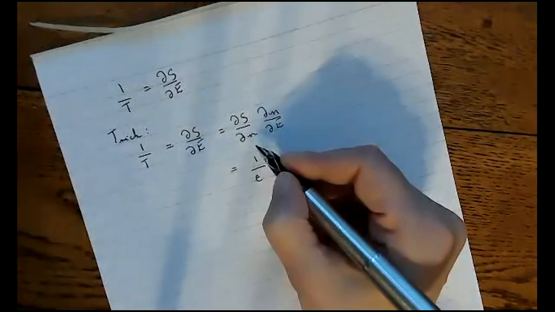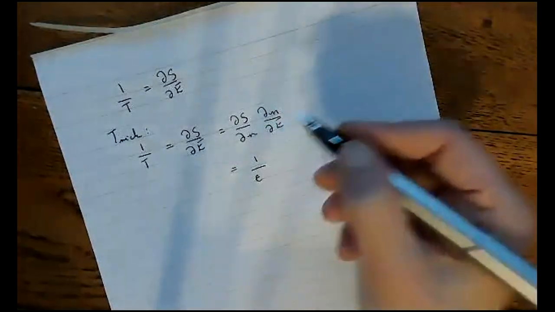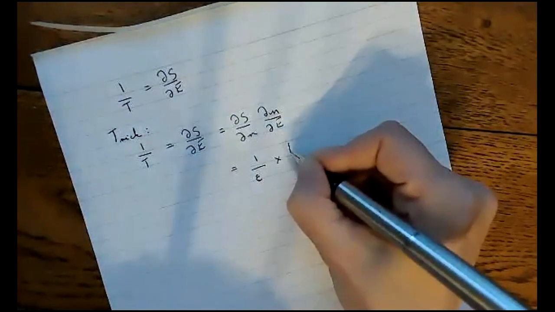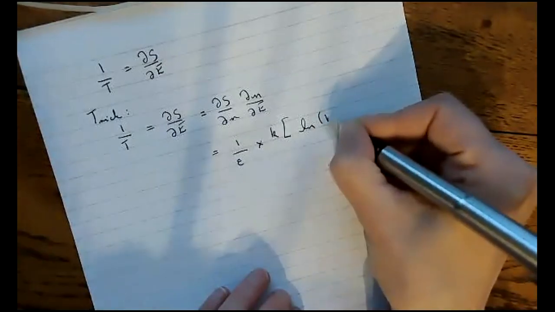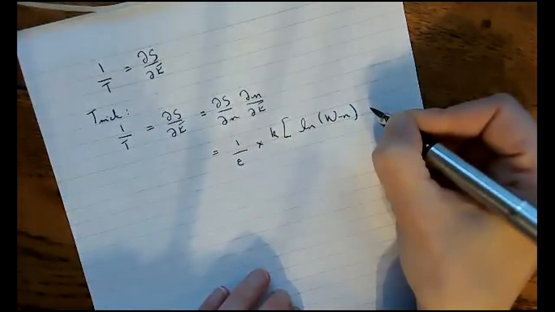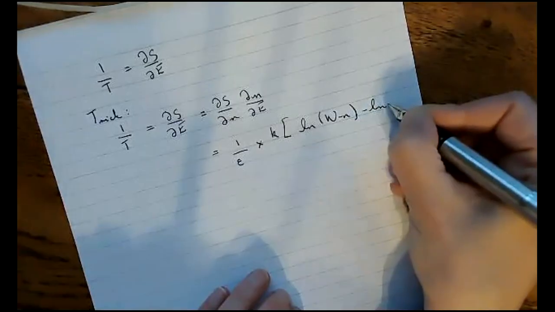And the dS by dn we have just calculated, which was k ln of big N minus little n minus ln little n.